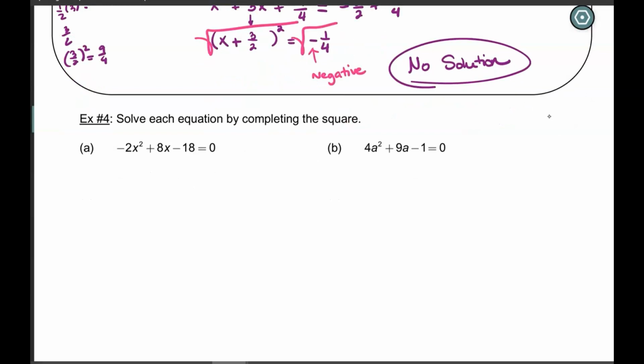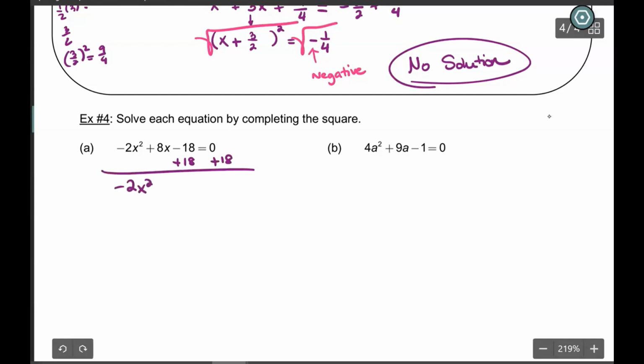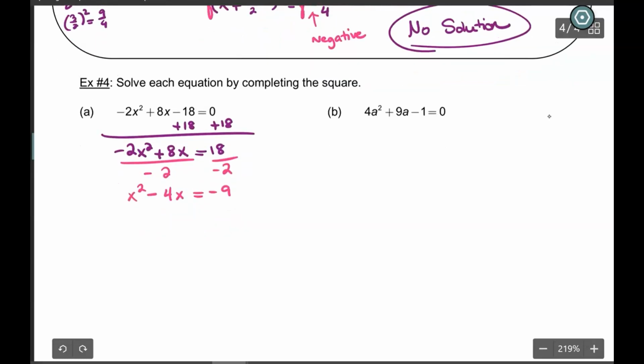Okay, next one. I want to complete the square. So first step, I'm going to add 18 to both sides. So I have negative 2x squared plus 8x equals 18. Next thing, I look at what is my a. It's negative 2. So I'm going to divide everything, both sides of the equation, by negative 2. So I have a positive x squared minus 4x equals a negative 9. Now we're going to complete the square.